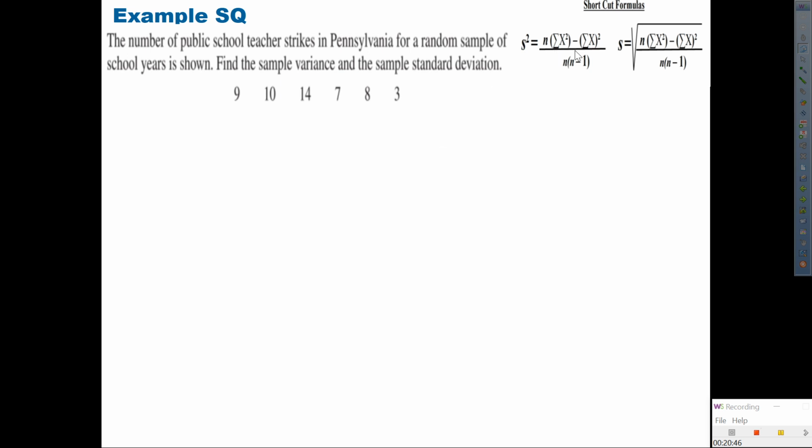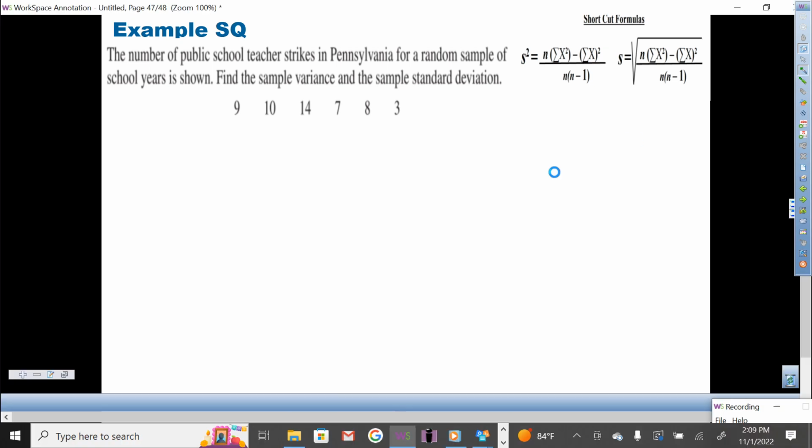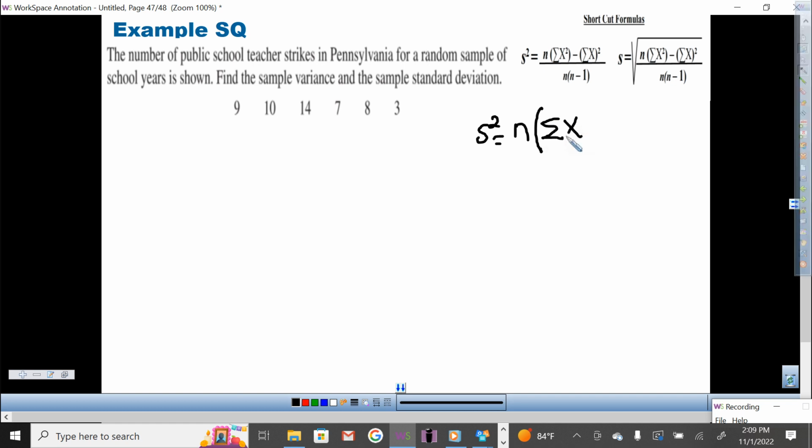We're going to now use the formula for the shortcut. All right, so for the variance, we got n times the sum of each item squared minus the sum of each item, and then we square that, over the number of items times the number of items minus 1.